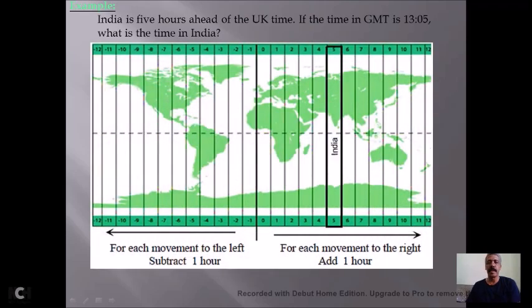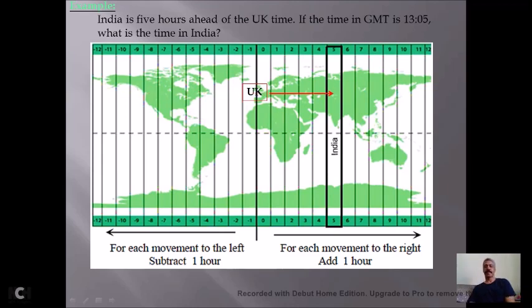You see here is the UK and this is India. He said the time in the UK will be 13:05, and from the UK to India it will be 5 hours, but subtract or plus? Yes, remember, you see down, for each movement to the right add 1 hour, and for each movement to the left subtract 1 hour. Then it will be here adding 5 hours.